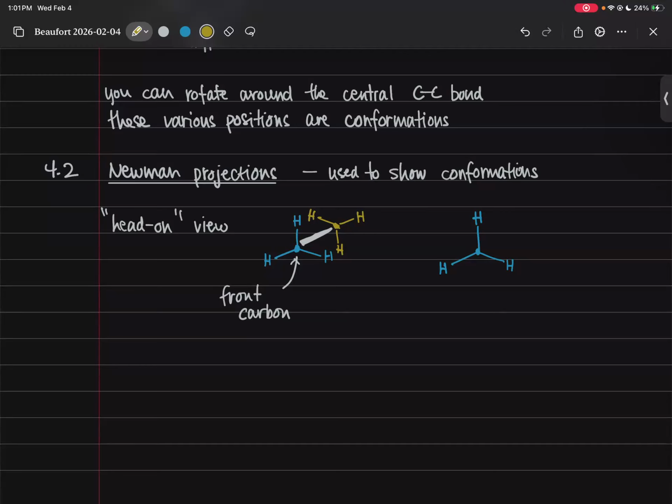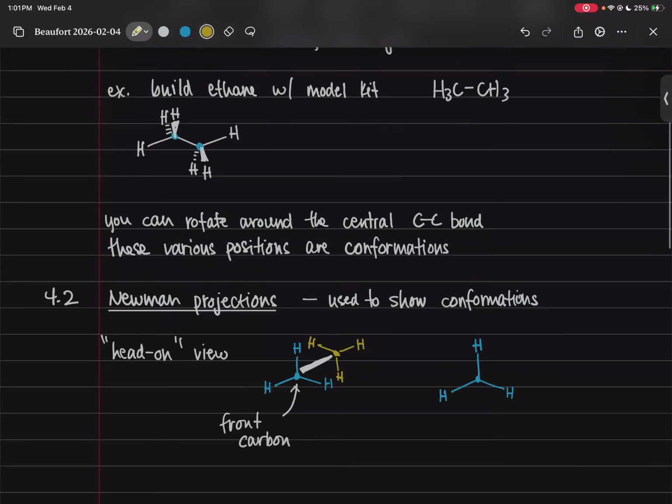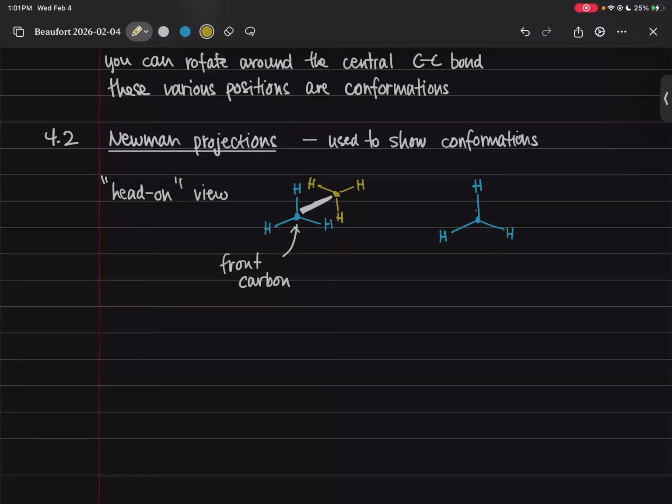So that means that this carbon-carbon bond is completely invisible, all right? And additionally, from that perspective, the back carbon should be completely invisible, right? So how does that work? Let me draw it first, then label it. The back carbon is actually going to be a circle, okay?